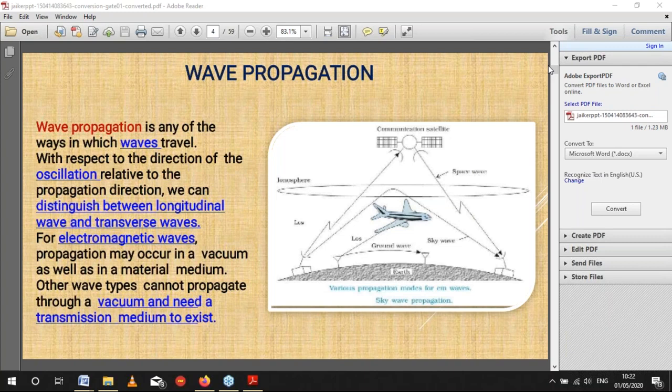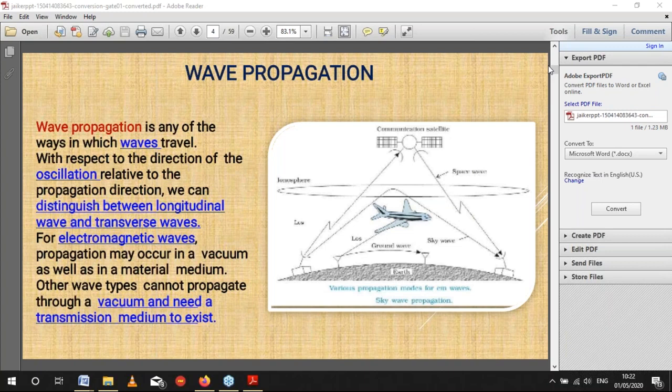Other wave types cannot propagate through a vacuum and need a transmission medium to exist. They need something to transmit them before they can exist. You can see the diagram we have with respect to it.